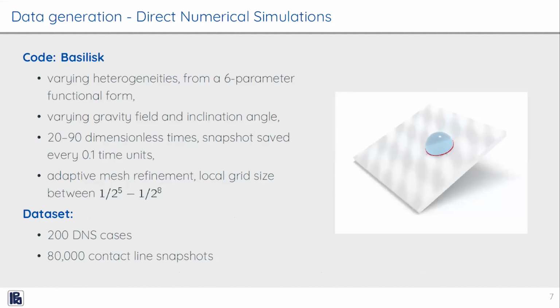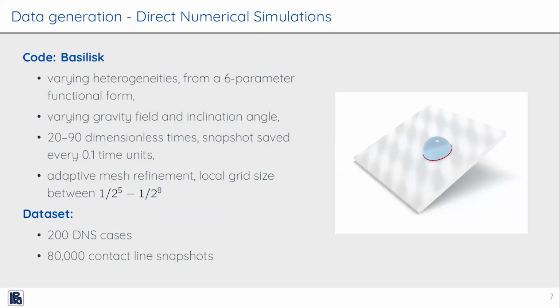On the right, you see the type of scenarios that we will be simulating. It's the movement of a droplet on an inclined surface, so the droplet moves downhill, and the presence of heterogeneities influences the path of the droplet. To simulate this flow, we use Basilisk, which is a very good choice for us because it gives the opportunity for adaptive mesh refinement, and it provides a very efficient built-in multigrid solver.